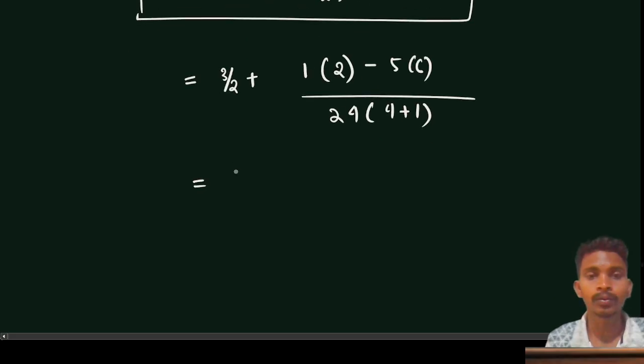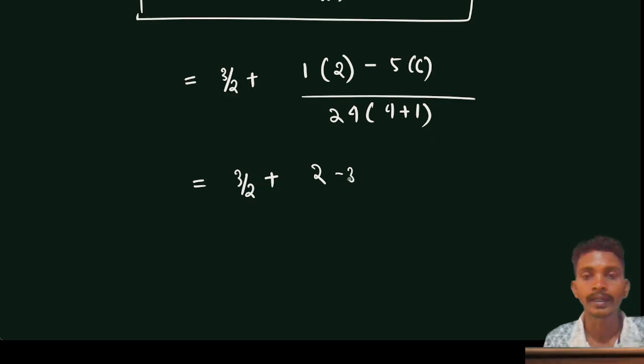Now 3 upon 2 plus, this is going to be 2, this is going to be 30, and this is going to be 2 into 4 plus 1, that is 2 into 4 into 5, that is 40.